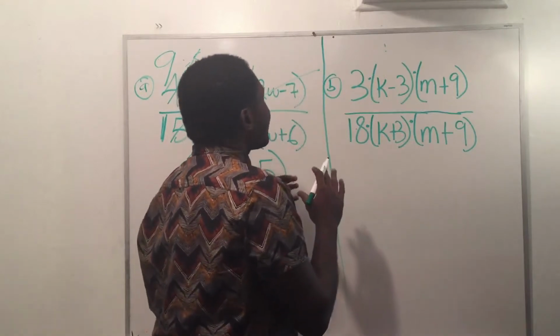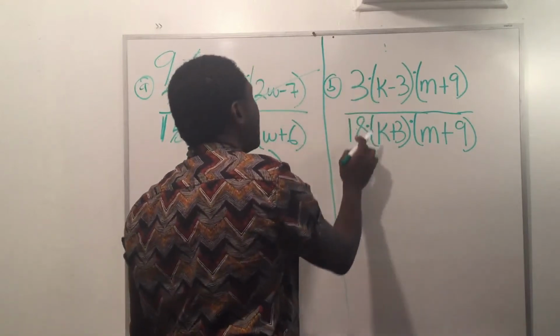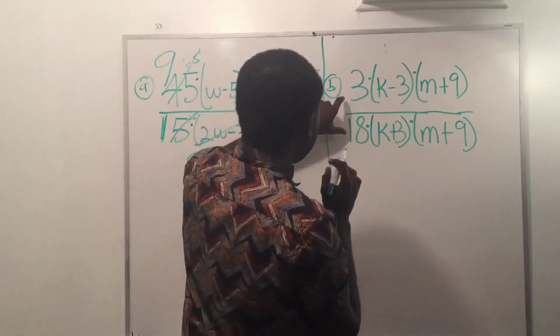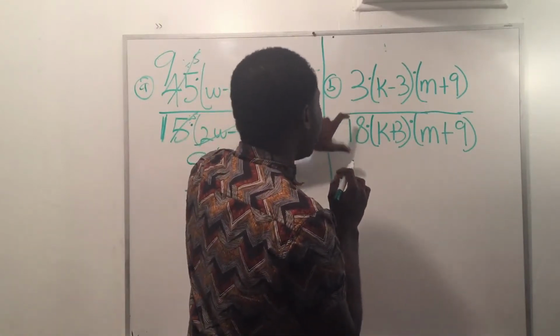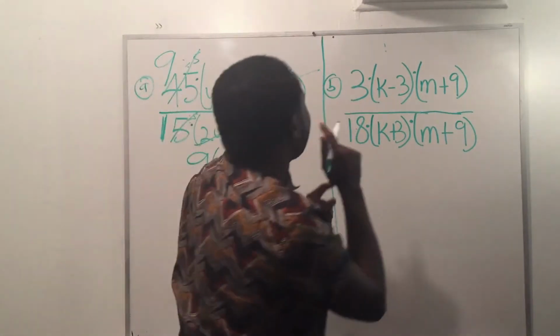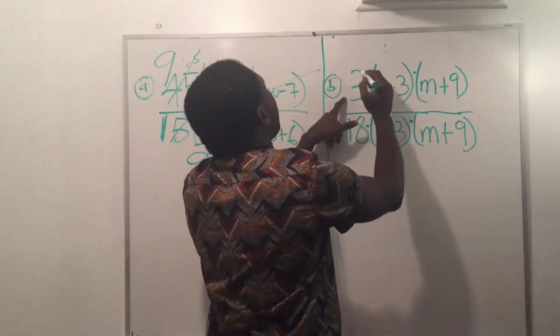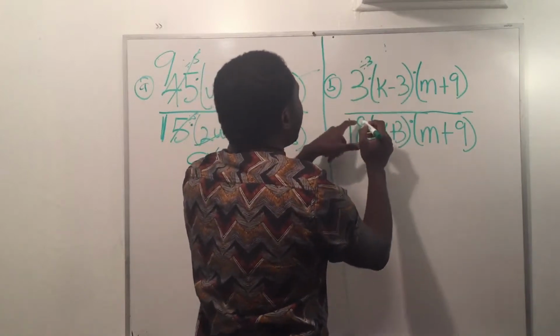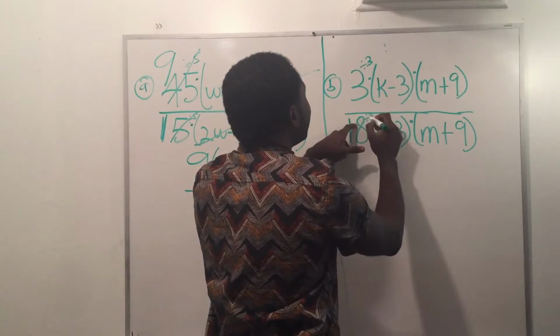And I always have to simplify the numbers without the parentheses. So these two numbers that I see, one number can divide into 3 and 18. It's 3. So 3 can go into this 3 right here, and then 3 can go into this 18.